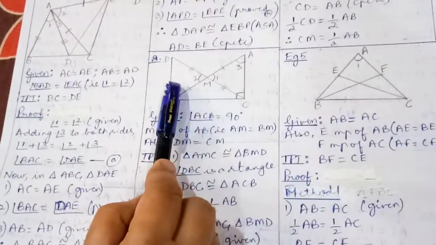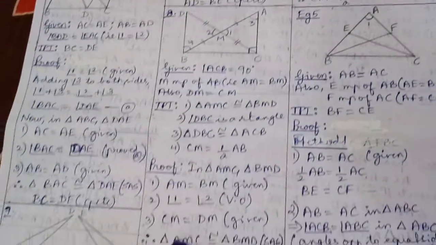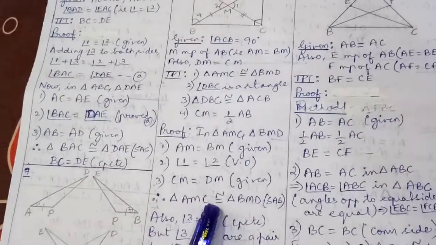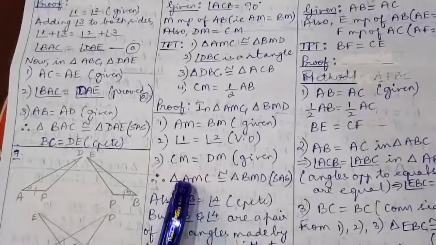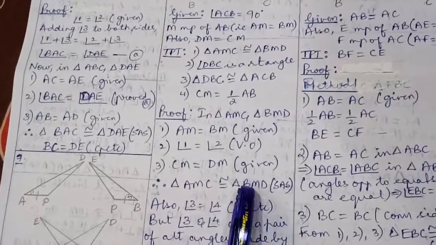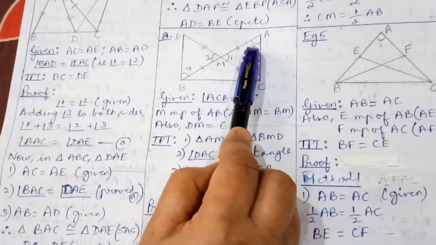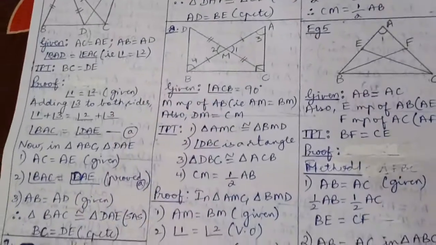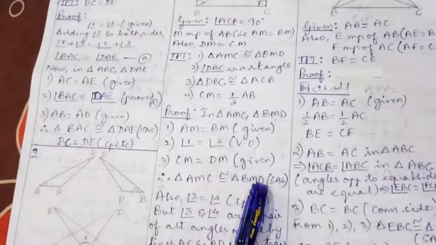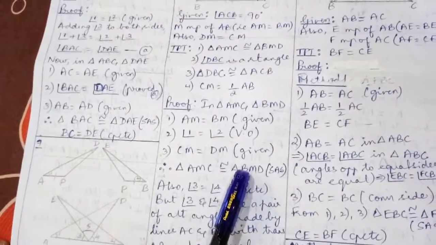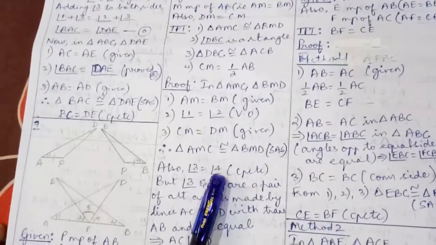But now that we have proved the triangles are congruent, angle A of the first triangle, which I have marked angle 3, equals angle B of the second triangle, which I have marked angle 4. The triangles are now congruent to one another, so their corresponding angles are equal. Angle A corresponds to angle B, which means angle 3 equals angle 4.